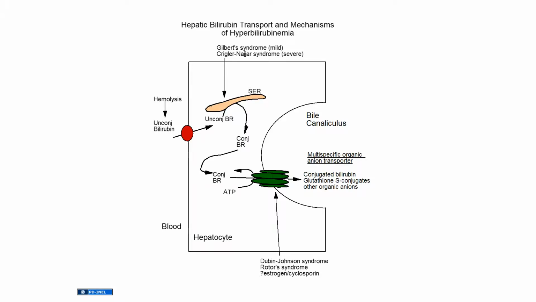So your Gilbert syndrome and your Crigler-Najjar syndrome can both affect the conjugation of your bilirubin in the hepatocyte. Your Gilbert syndrome usually is mild, while your Crigler-Najjar syndrome is usually severe. No? These are due to genetic etiology. No? But the bottom line is that these diseases interfere with the normal conjugation of your bilirubin from the breakdown of heme product.